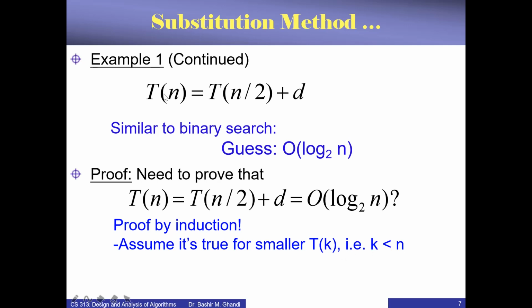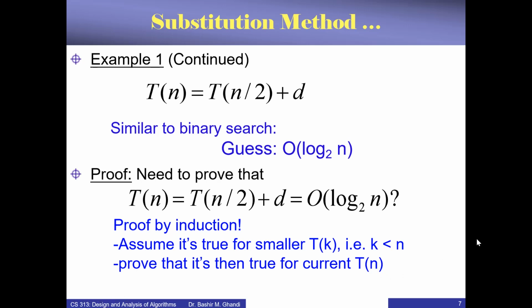Suppose that T(n) is big O of log of n to base 2. Assume that is true for some k where k is less than n. Then we need to prove that it is indeed true even for n itself, not only for a k less than n, but even for n itself. This is usually the process.